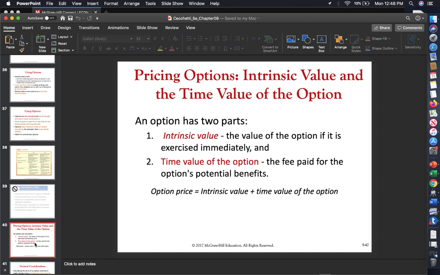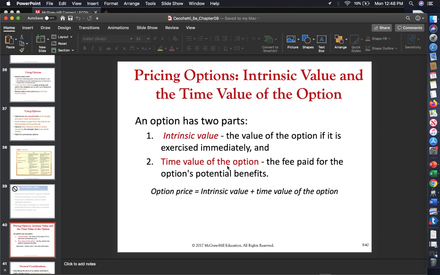And the time value of the option is essentially for your potential benefit, because an option that expires in 3 months versus an option that expires in 1 year, obviously those are two different things, and they should have two different values if everything else is the same. Take the same underlying with the same strike price, both call options.